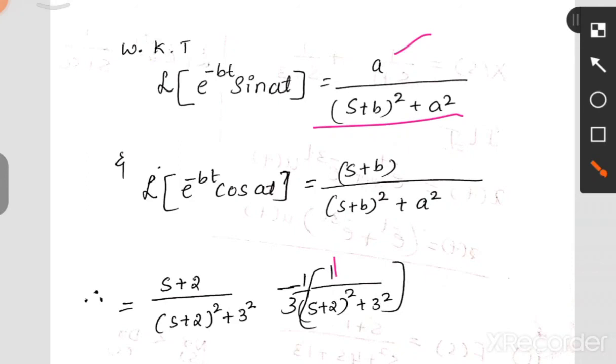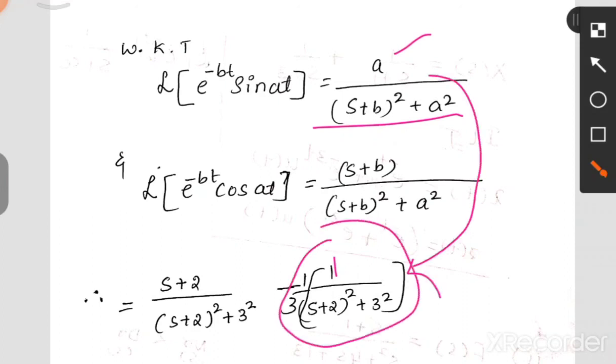What we can do for this one is multiply and divide it by 3, because we require a. In this case, compare this factor, only the second factor. Here a is 1, but in the formula a is 3. So to match that, we have to multiply and divide it by 3. When you multiply and divide by 3, it remains 1.